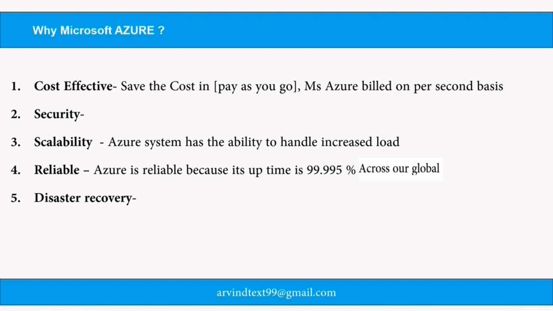Third is scalability. Scalability means the Azure system has the ability to handle increased loads. And reliable means Azure is reliable because its uptime is 99.95%. Okay, so fifth is disaster recovery. Disaster recovery means data can be recovered in case of any kind of disaster.